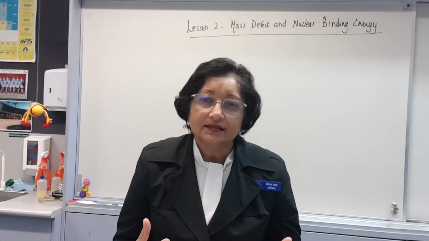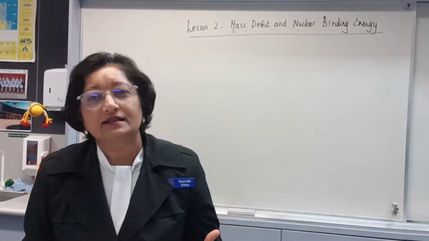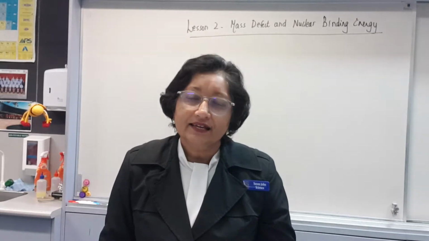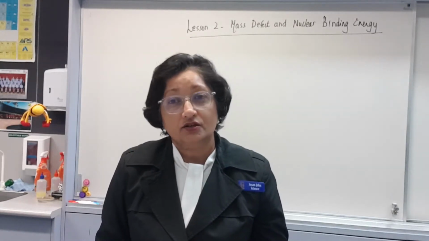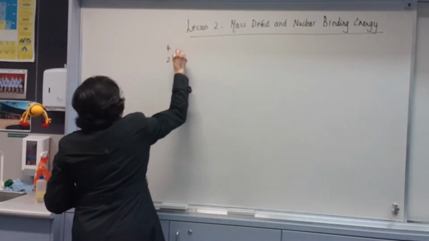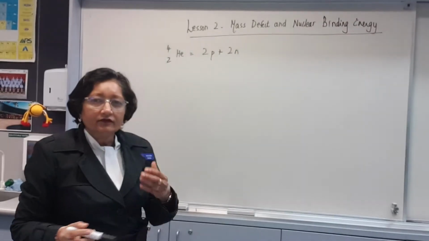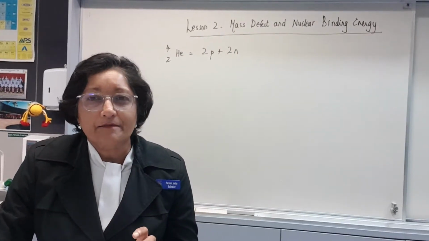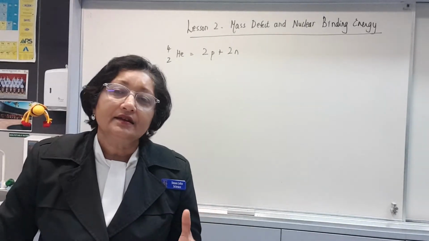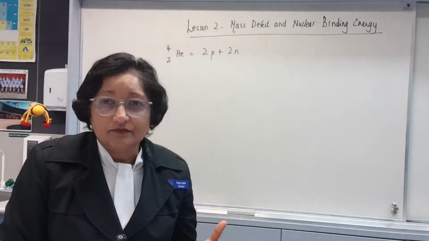Now, when scientists look at the components of a nucleus, let's take the helium nucleus for example, which is the same as an alpha particle. The helium nucleus consists of 2 protons and 2 neutrons. So if you measure the individual masses of 2 protons and 2 neutrons, in theory, these masses should add up to the measured mass of the helium nucleus.